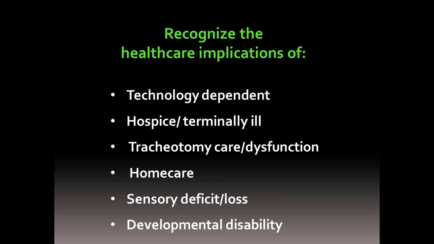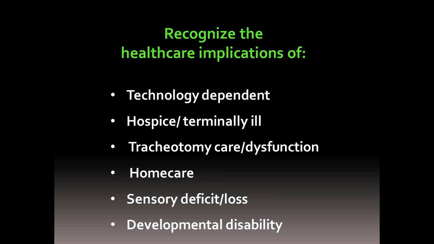You're going to take care of people that have tracheotomies or breathing tubes that come out of their throat. They work fine. They keep people alive, but there are issues with them. So when they don't function right, we may get called for that. We've got home care issues. And how does EMS play into that?